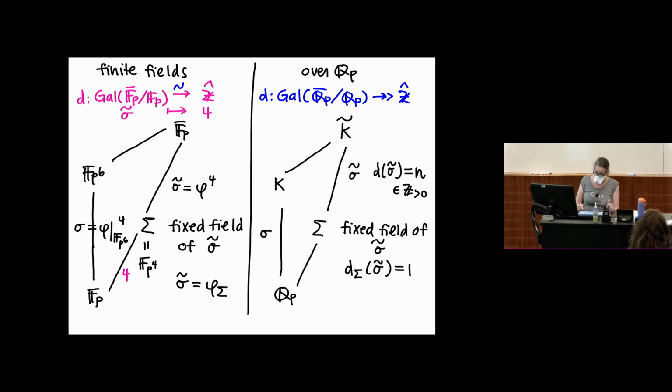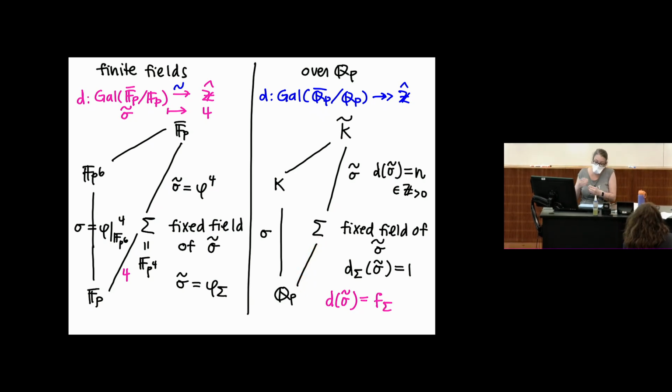And then also, this n here, the grade that sigma tilde originally had, is not the degree of this extension, but it's the degree of the unramified part of the extension.